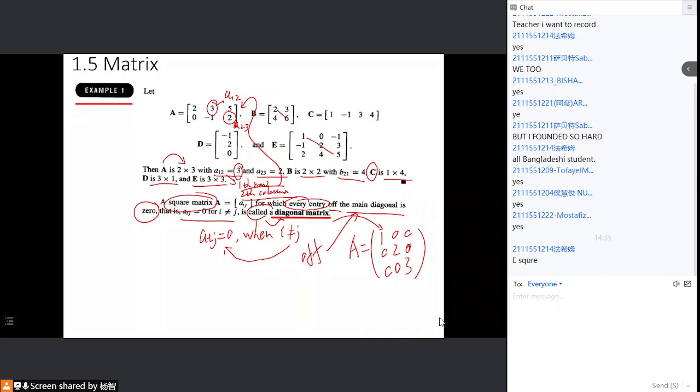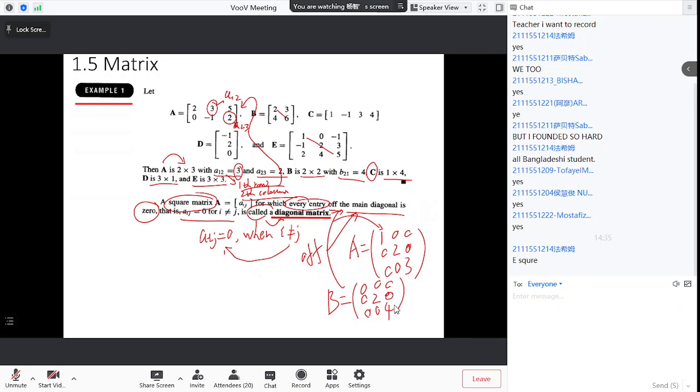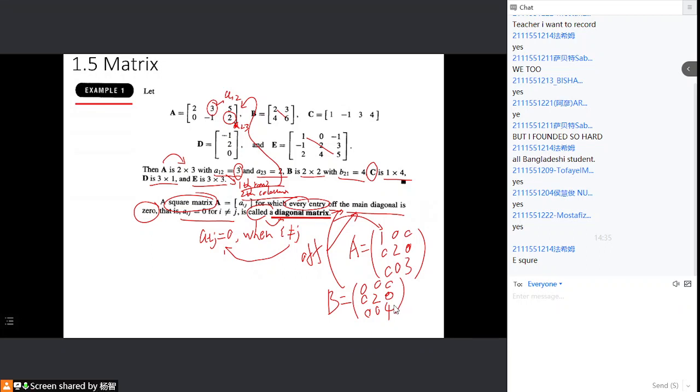Also, 0, 2, 4 is a diagonal matrix too, because from the definition of the diagonal matrix, we only define that the elements except the main diagonal are equal to 0.